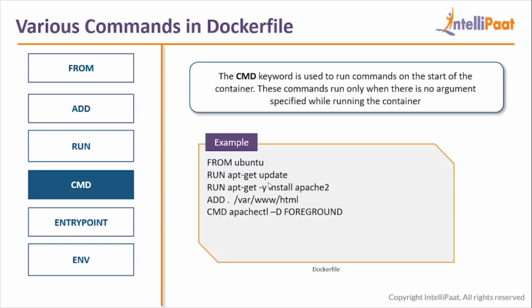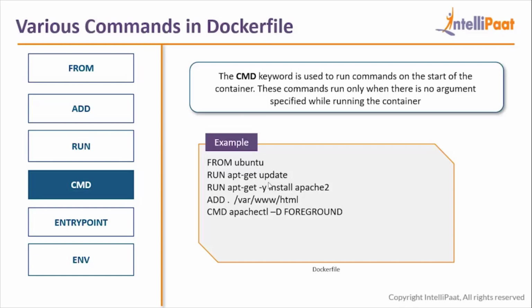For running a container, the command is docker run -it -d and then the image name. Now after the image name, you can also specify a command that you want to run inside the container. Okay, so if you don't specify anything, then the command in the Dockerfile will be run when we are starting the container.